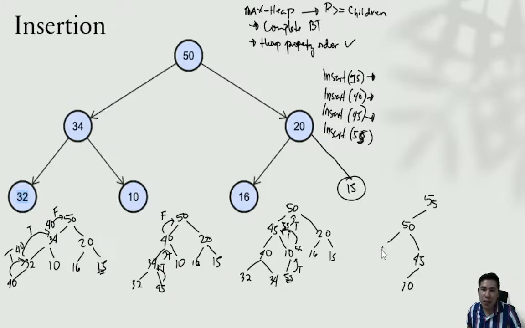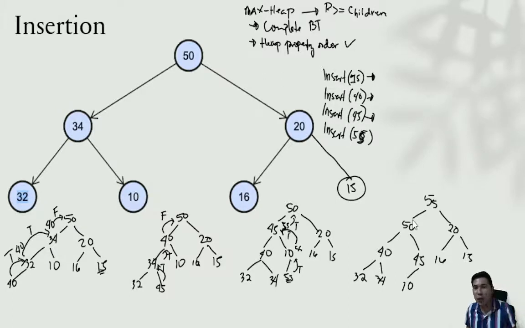Then you have here 40, and then you have here 32 and 34. And then of course on your right subtree, you will have the same 20, 16, and 15.